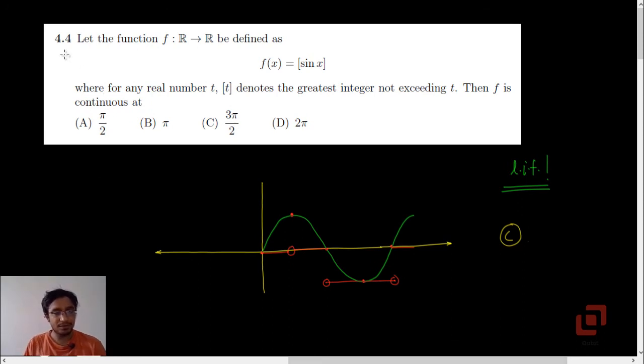4.4 is also a very simple, but I would say a good question, because it tests your knowledge of the greatest integer functions. So let's see what the question is saying.